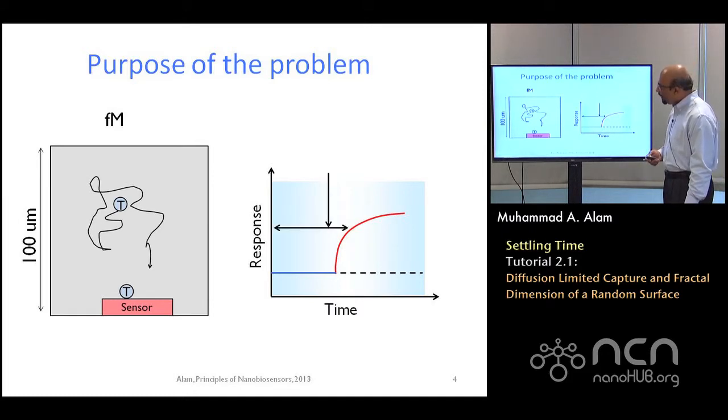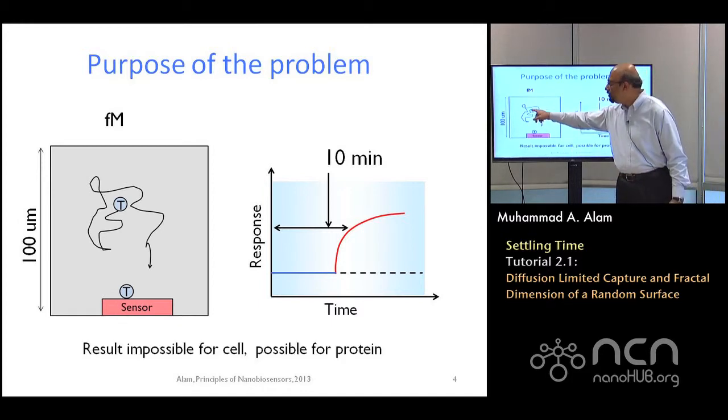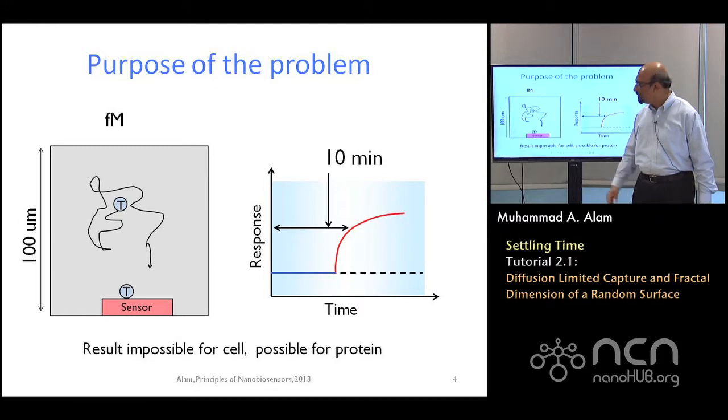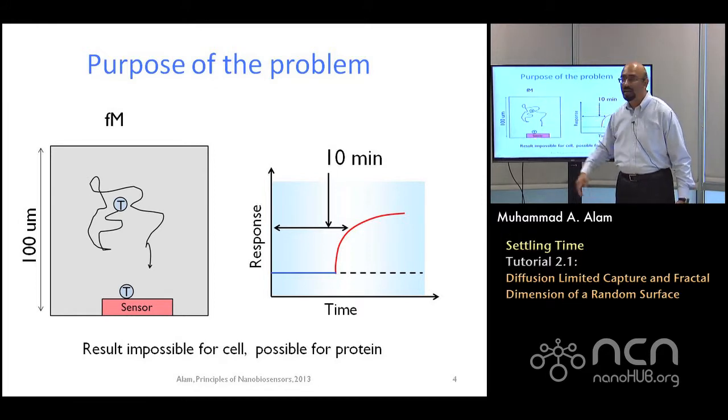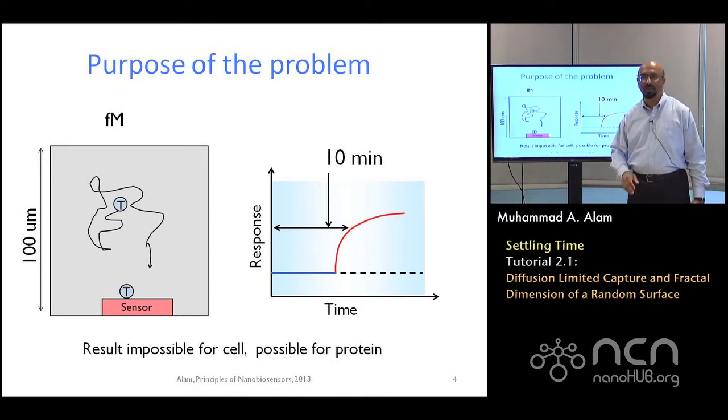Now, you look at this and you see that it's about 10 minutes when the signal begins to rise. And the person said that he's doing an experiment with a cell, with a bacteria. Now, what do you think your response should be? Your response should be that it is essentially impossible that a molecule starting from a random place would travel 100 micron within 10 minutes and give you a sensor response.